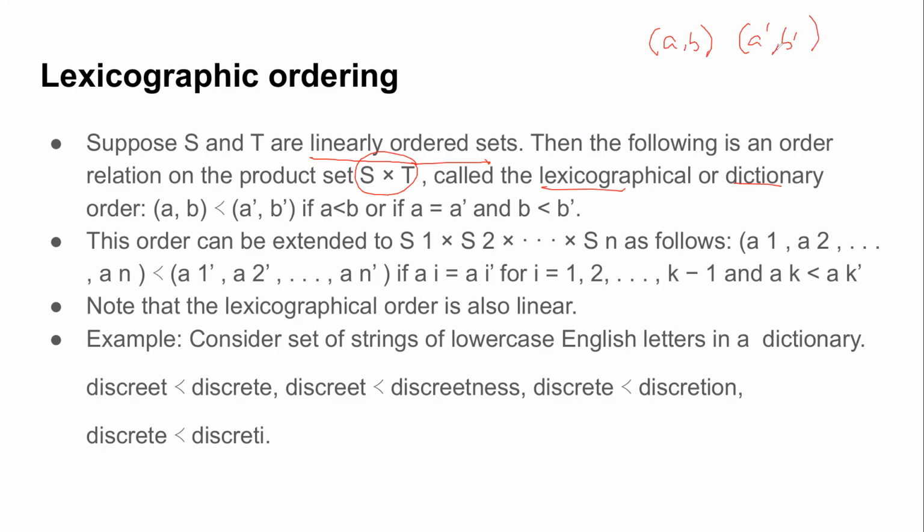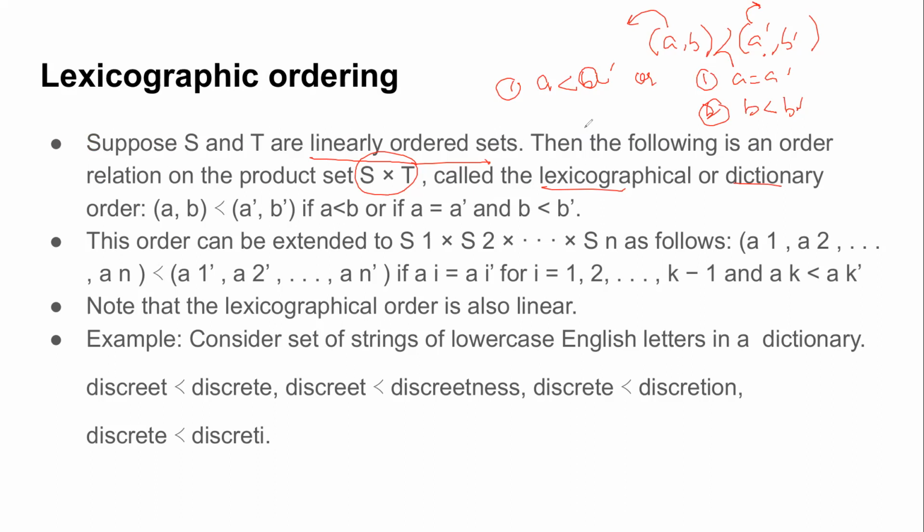We say that (a, b) is lexicographically less than (a', b'), denoted by this little tilted less-than-or-equal sign, if the first element of this pair is strictly less than the first element of the other, or if they are equal, then the second coordinate should follow the strict inequality.